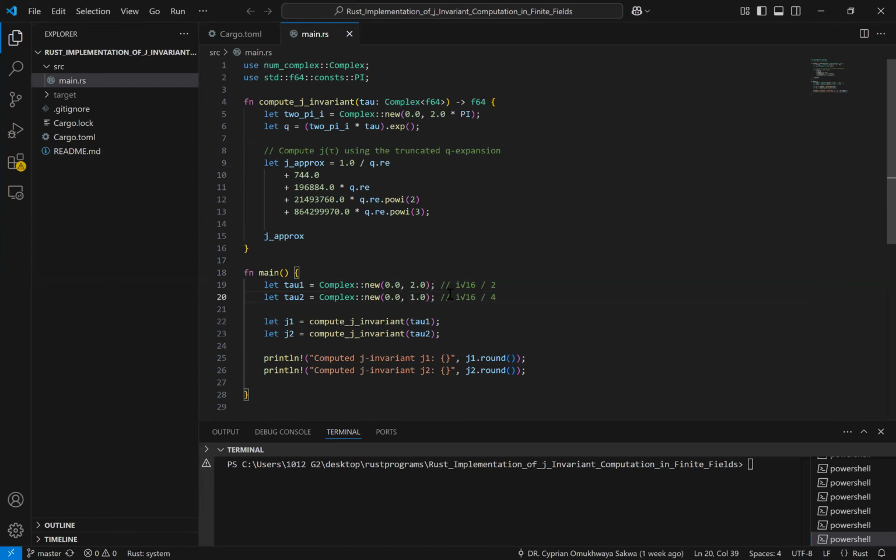So what is happening is this. What you are seeing here is 2. I just got the root of 16. The root of 16 is 4, then divided by 2, gives this 2.